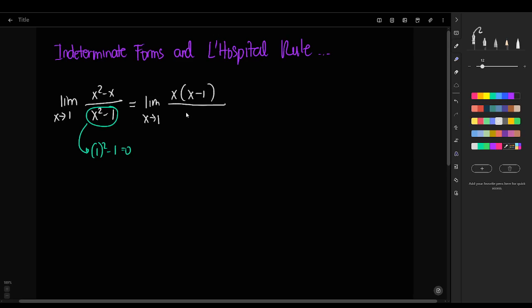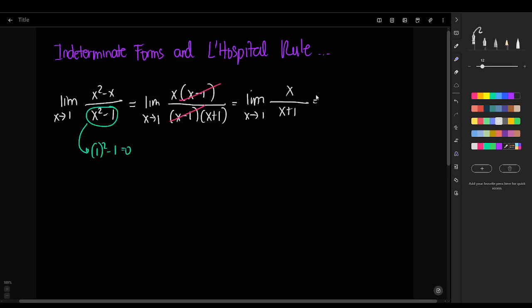And the denominator itself is a difference of perfect squares, so you could factor it as x minus 1 and x plus 1, right? So you could cancel out x minus 1. See, you could simplify this. What remains of our limit function is the limit as x approaches 1 of x over x plus 1.